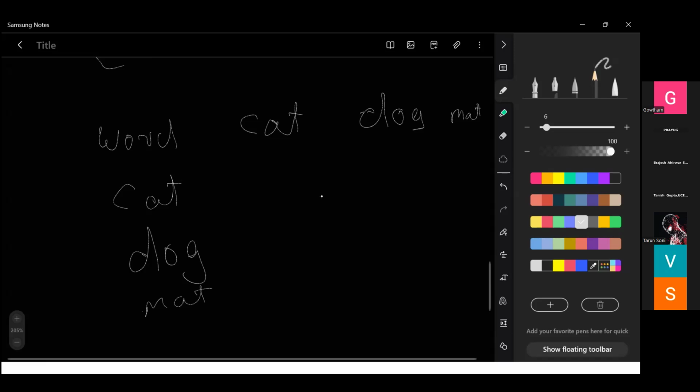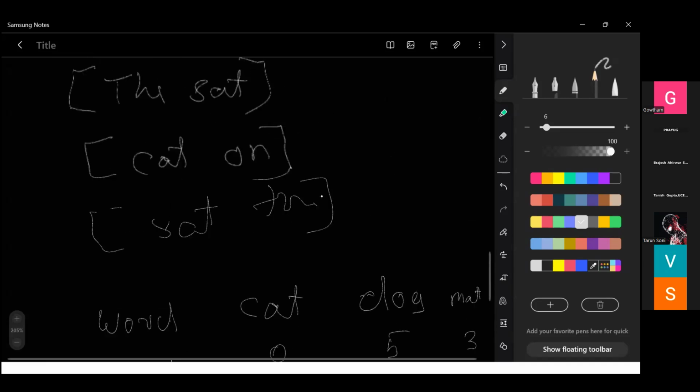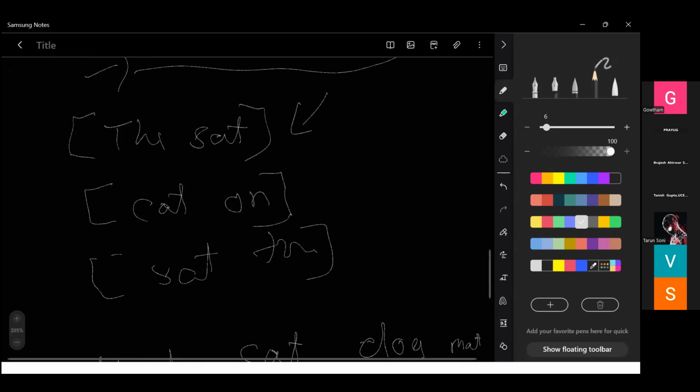So it will divide cat and cat, zero from the corpus it will take, and after that cat and dog, how much is the combination. Cat and dog has 5 combinations in the whole corpus, and cat and mat has 3 combinations. Same way it will write here cat and dog 5, and it will take 0. Let's assume mat it will take 2, 3 and 2, 0. So the whole corpus is nothing but this, the way you have created.